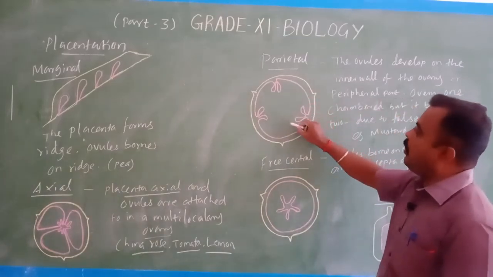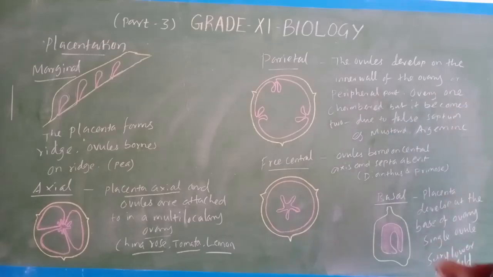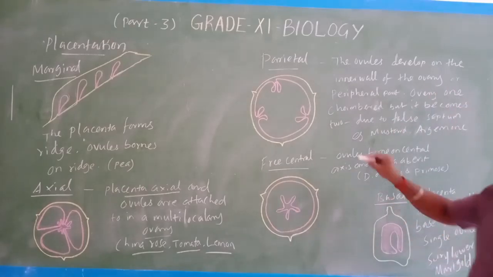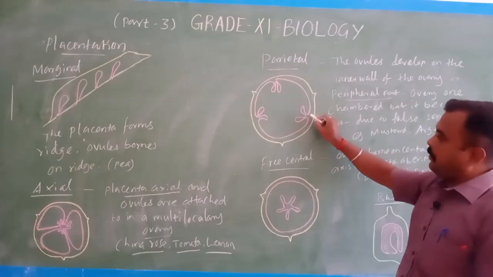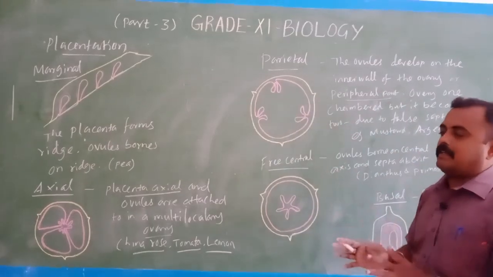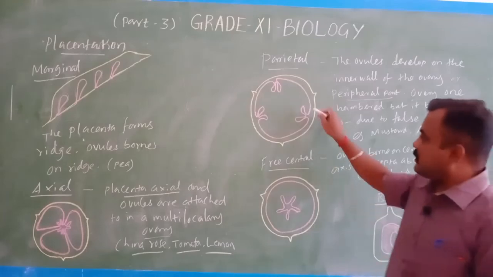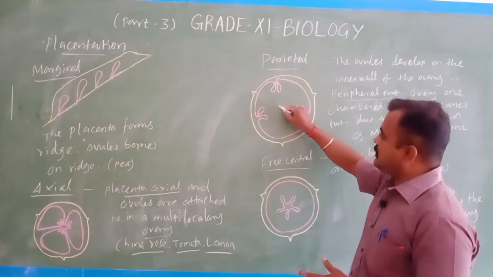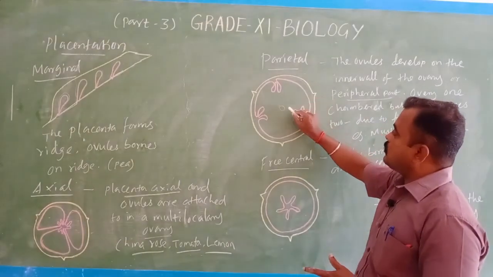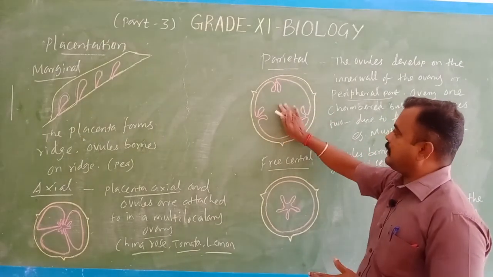In the inner wall the ovules are developed. It is the peripheral part, meaning the lateral side, so it is present on the outside, not in the center.